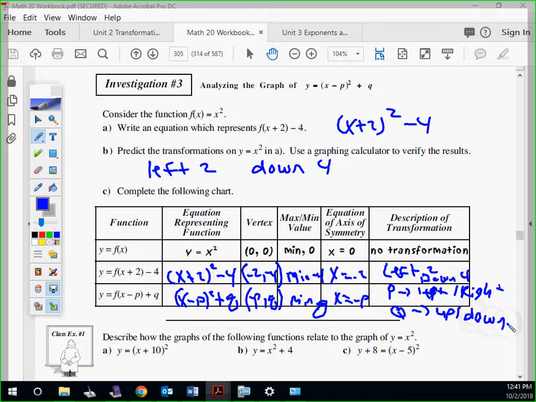The thing you've got to know is that my notes have it opposite. They keep saying p, but remember, your x value for your vertex is the opposite of what you see with p. Min is your q. X is negative p, the opposite of what you see with p. P's left and right, q's up and down.